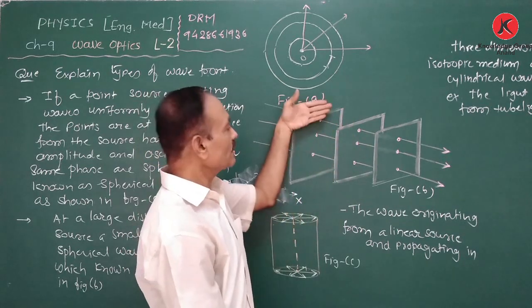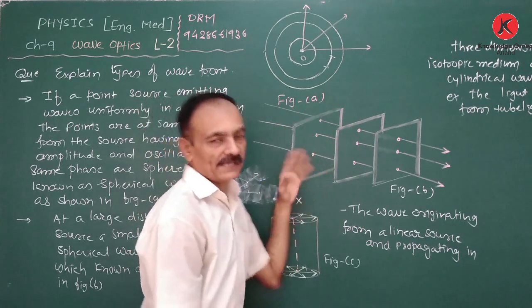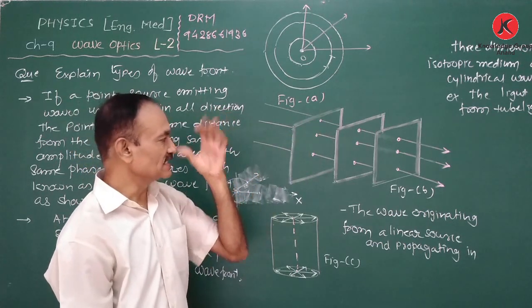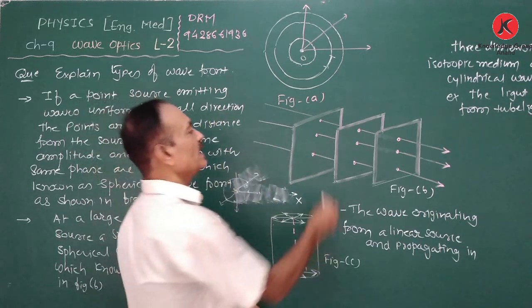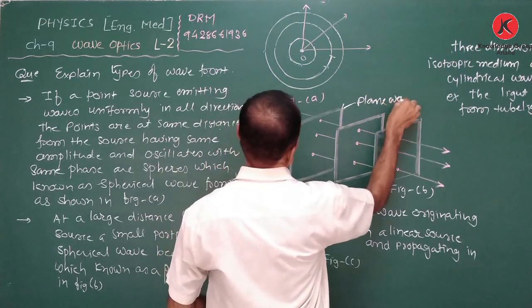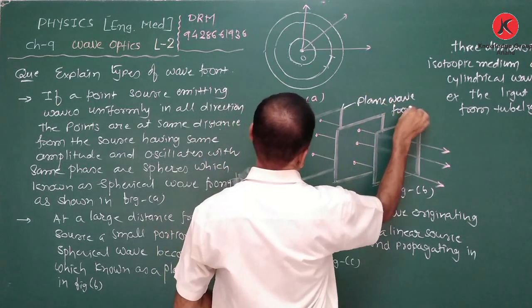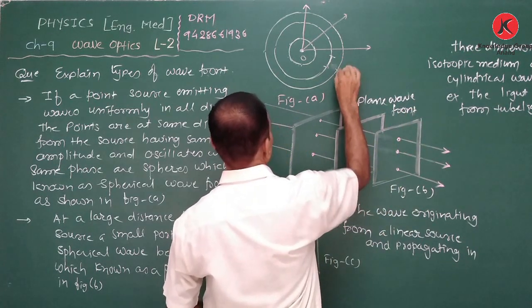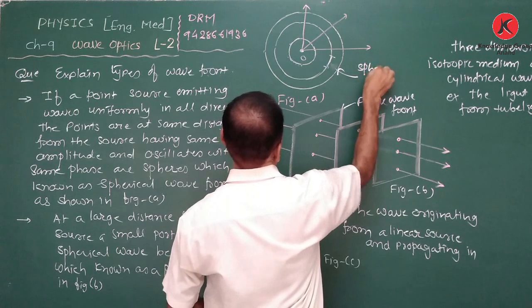All the points lying on this plane oscillate with the same amplitude and same phase, and therefore it is known as the plane wavefront. The other one is the spherical wavefront.